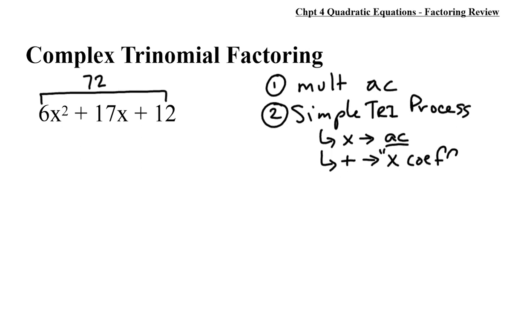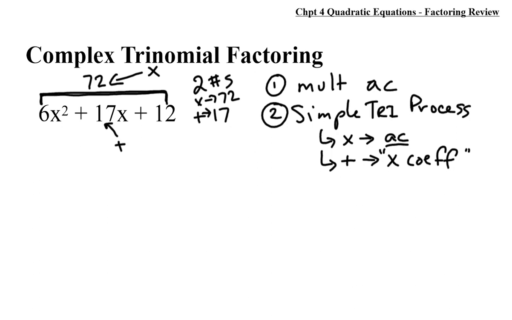So that hasn't changed. After we multiply this AC, we need to find two numbers that are going to multiply to 72, but they also have to add to 17.